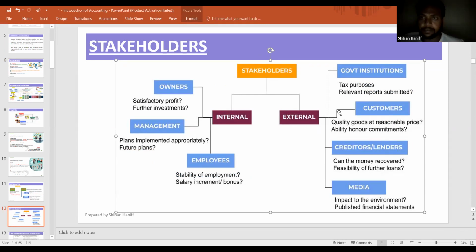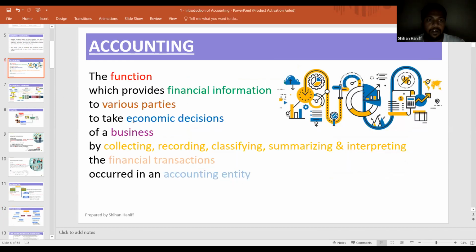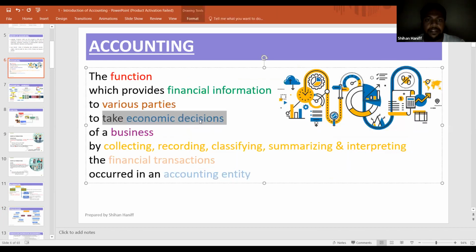External, the outsiders: the customers, suppliers, lenders, creditors, media, government institutions, right? So the stakeholders need financial information to take their economic decisions.